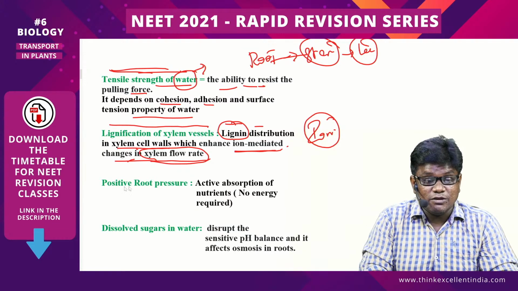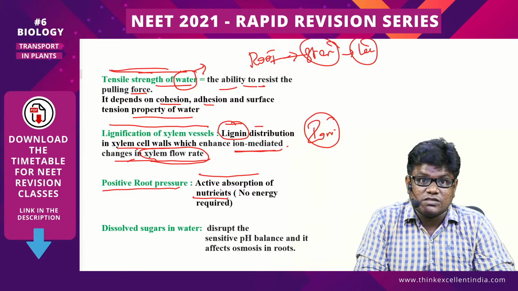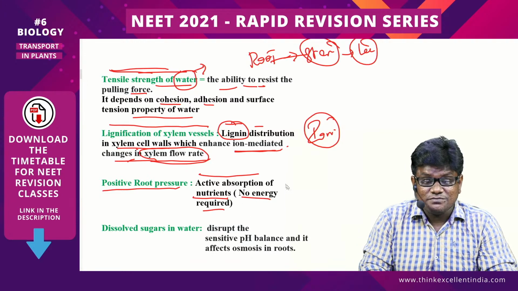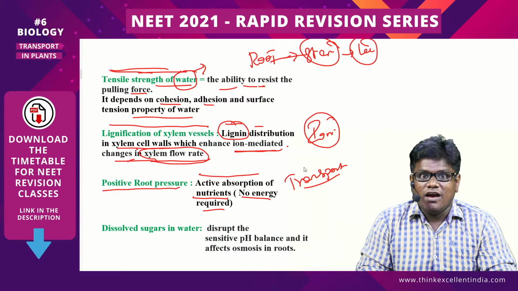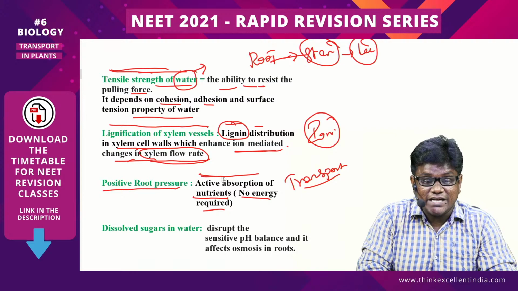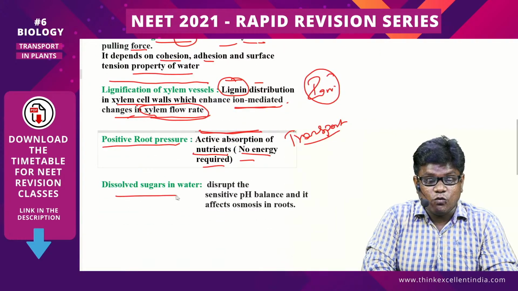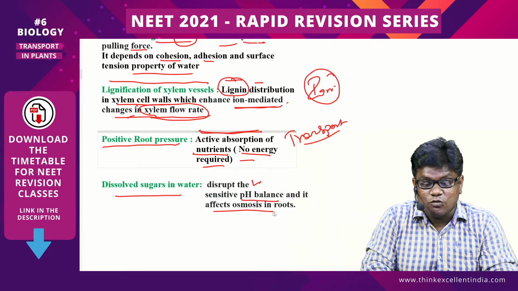And here you can see the positive root pressure has nothing to do with active absorption. Active absorption is a very important absorption process happening in the plant system, and there is no energy required. Active transport is different. That requires energy, but when you talk about active absorption, there is no energy required. And dissolved sugar in water disrupts the sensitivity of the pH balance and affects osmosis in roots.